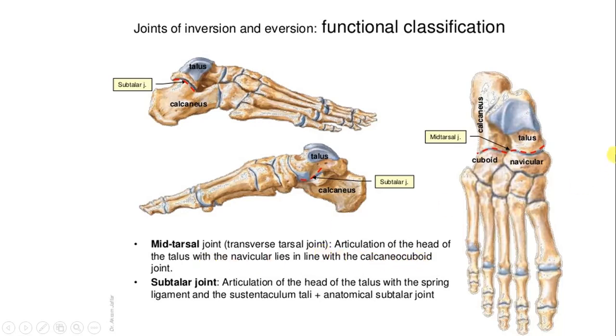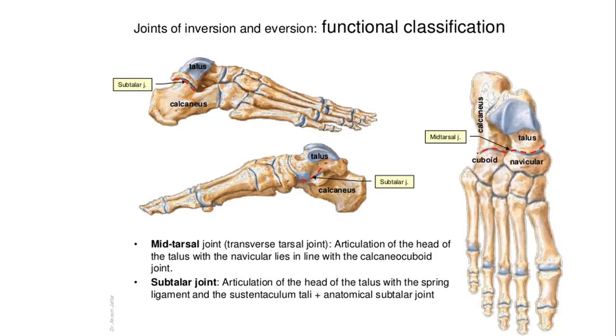So these two joints, the calcaneocuboid and the talonavicular, are called the mid-tarsal joint. The subtalar joint is the articulation between the head of the talus with the spring ligament and the subtalar anatomical joints. So the talocalcaneonavicular joint will be the subtalar joint. So, mid-tarsal and subtalar joints.